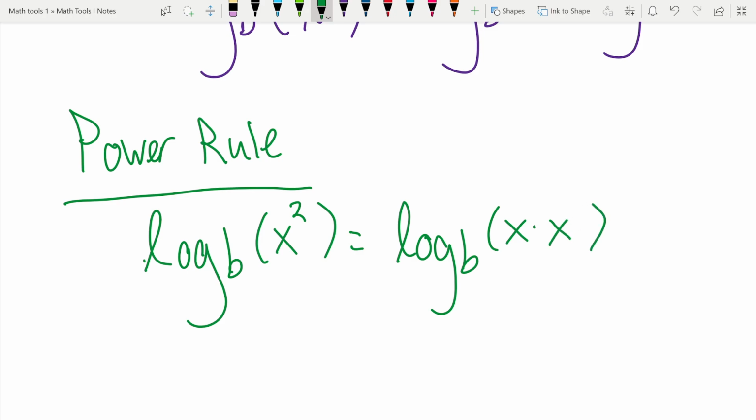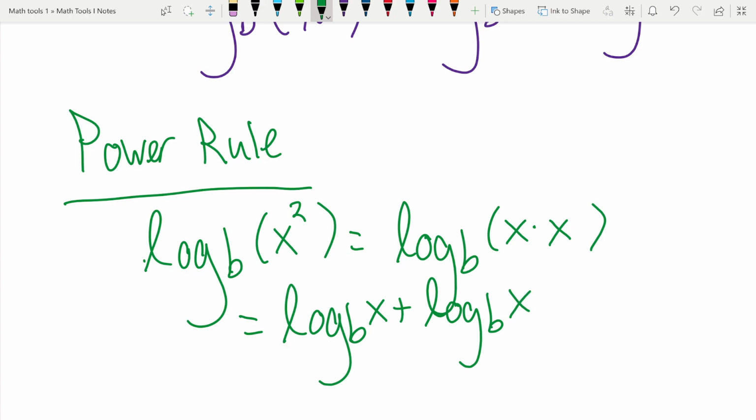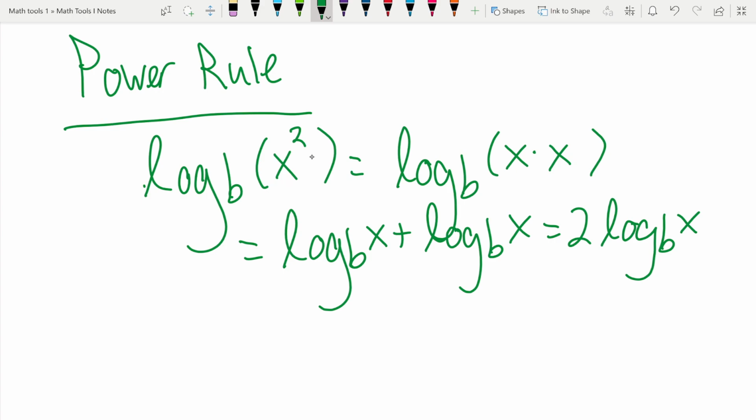That's just the definition of exponents. And now using the product rule for logarithms, this is log base b of x plus log base b of x, which is 2 log base b of x. Okay. So ultimately, log base b of x squared is equal to 2 log base b of x.